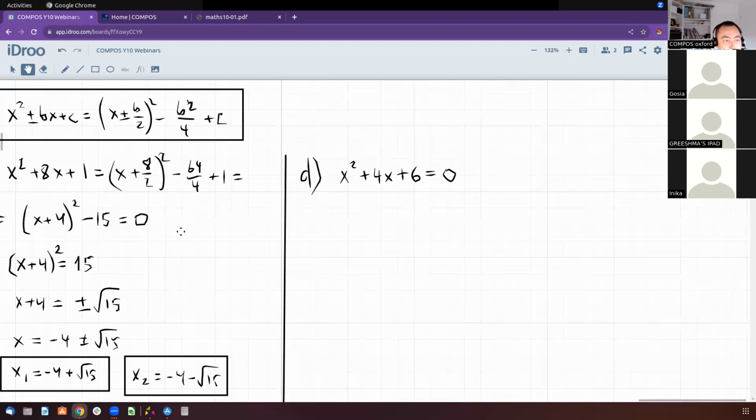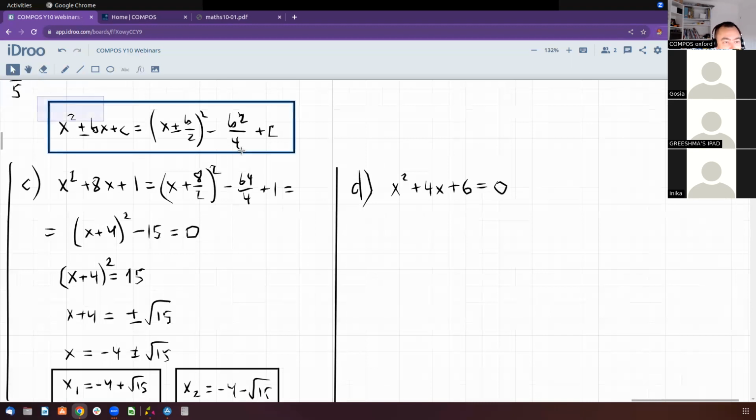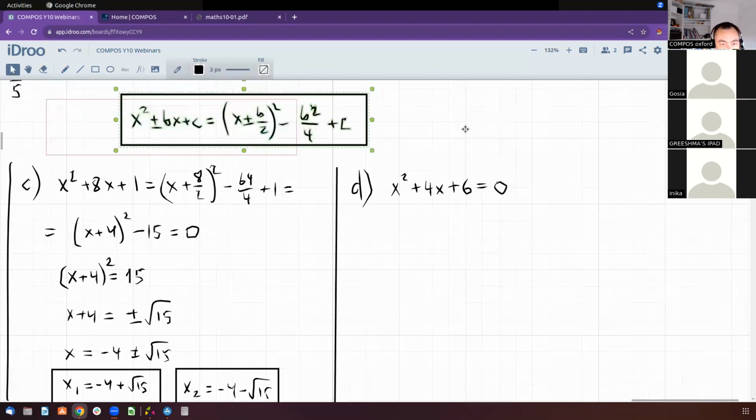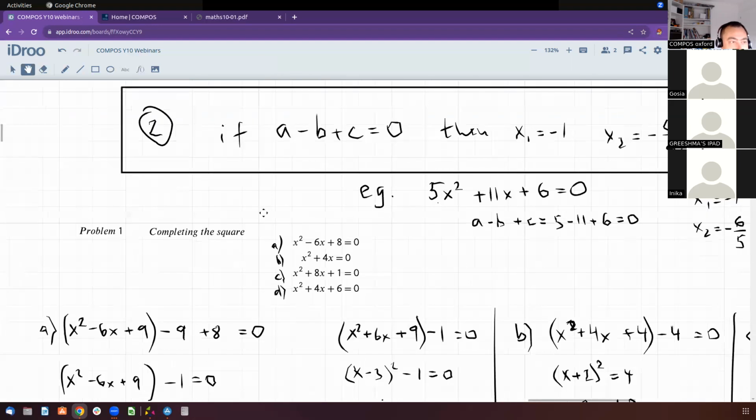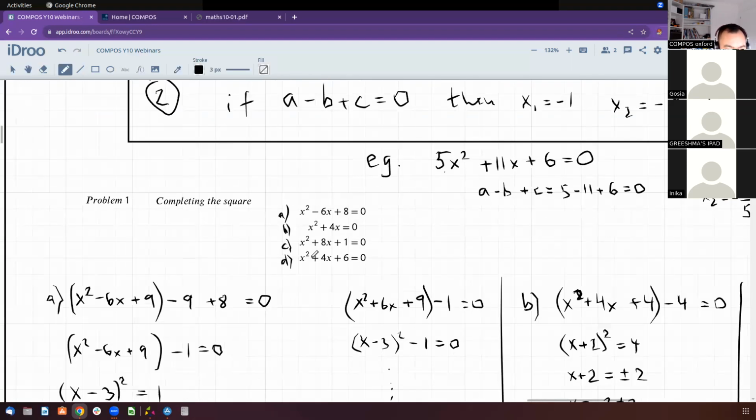Okay, so you have this formula for completing the square. And let's make it a little bit more interesting with a minus.